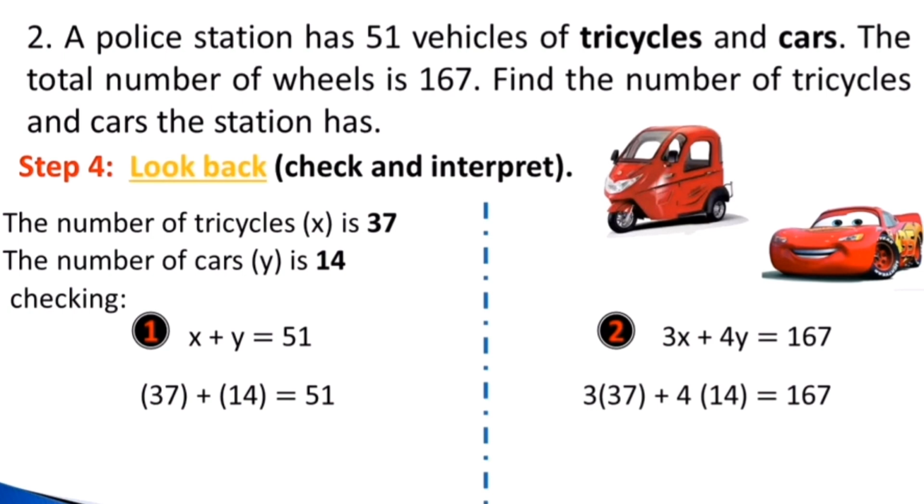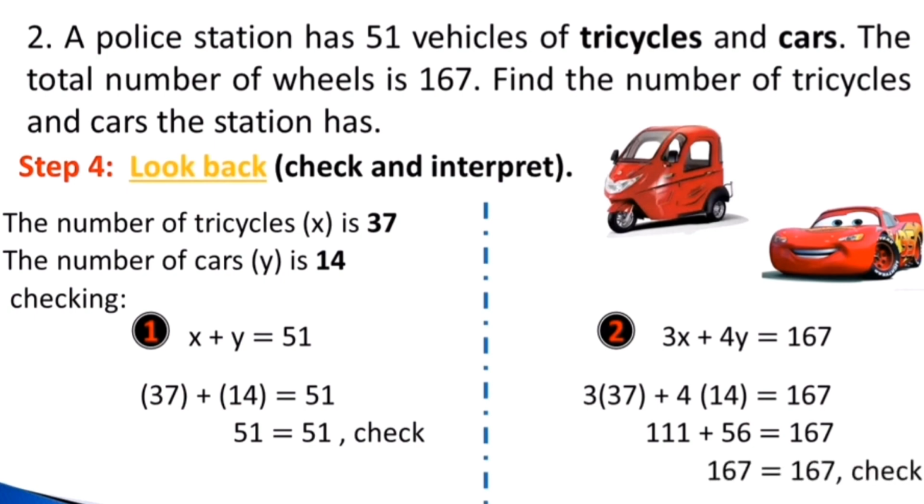Since the total number of wheels is 167, 3 times 37 plus 4 times 14. Okay, simplify everything. So 51 equals 51, check. Then let us do further simplification here. Then it turns out that they are the same.